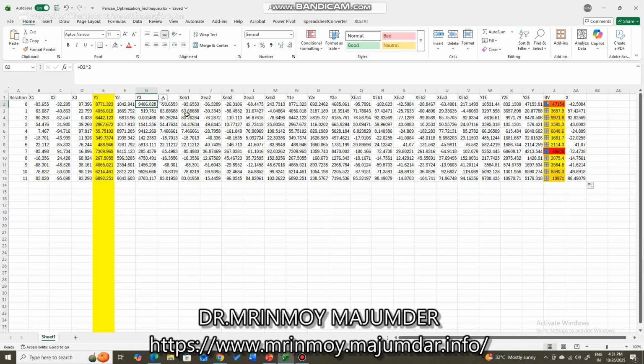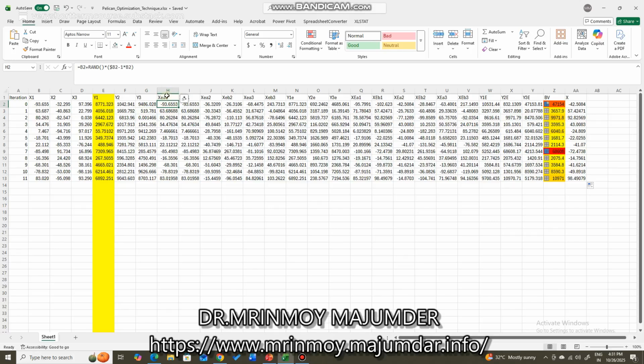That is why I have used both equations to calculate the value of x. So xe_a1, where small e indicates the exploration phase.